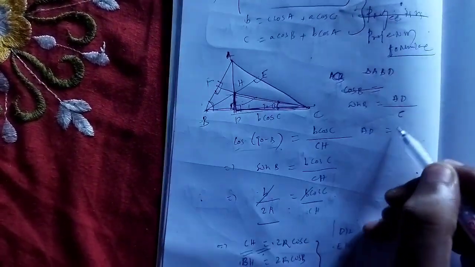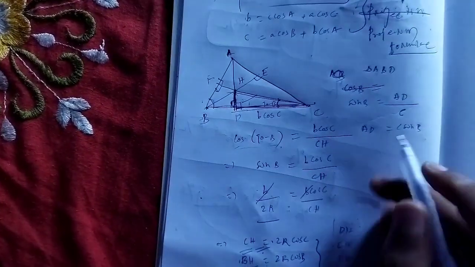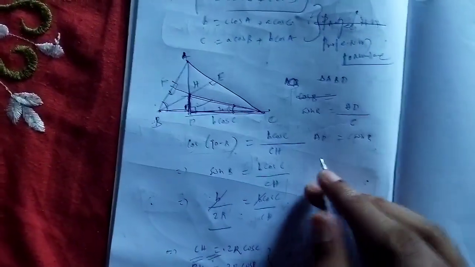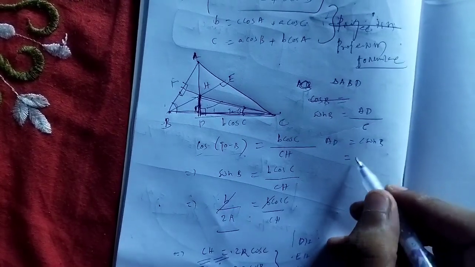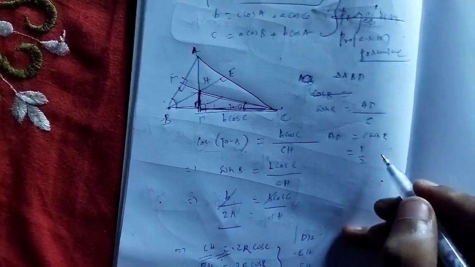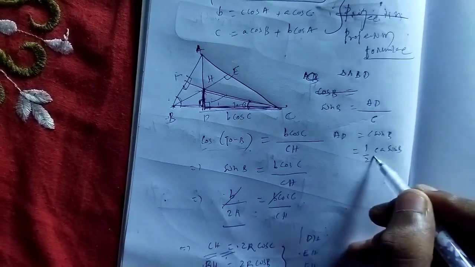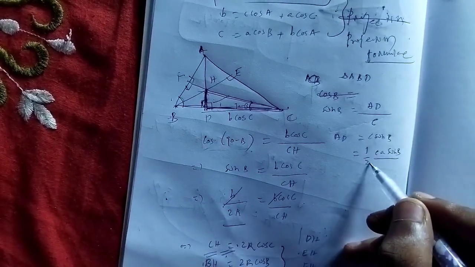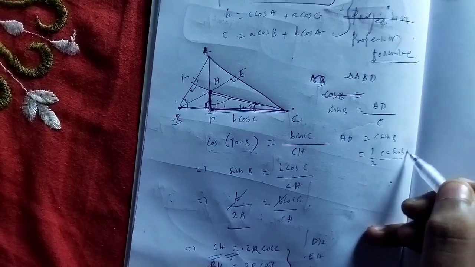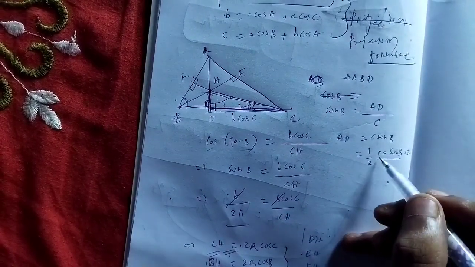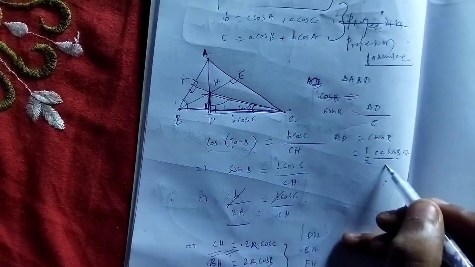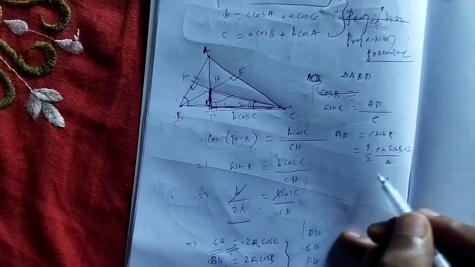AD equals c sin B, right, which is equal to half, multiply by 2, and if we multiply by a, divide by a.